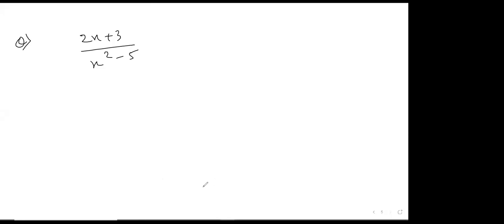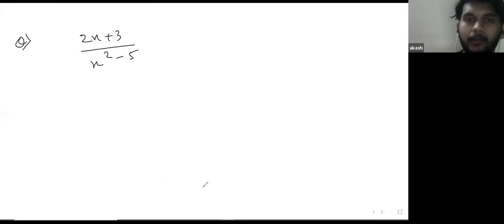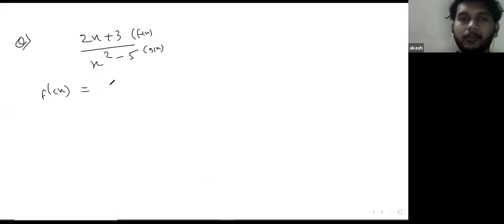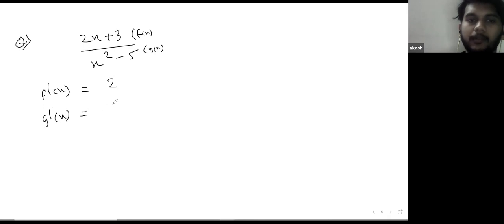All right, how can you solve this? If this is f of x, this is g of x, then let's find differentiation of f x first. So this will be 2, right? Differentiation of g of x will be 2x, right?